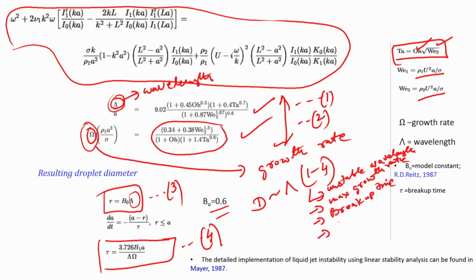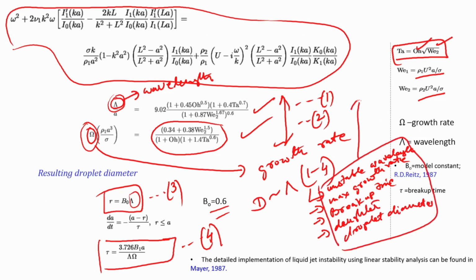It also gives you the daughter droplet diameter. And all this information you can get, these are your outputs. Your inputs are Weber number, basically 1 and 2, and Ohnesorge number. If you know the Ohnesorge number, Ta is basically a derived quantity.